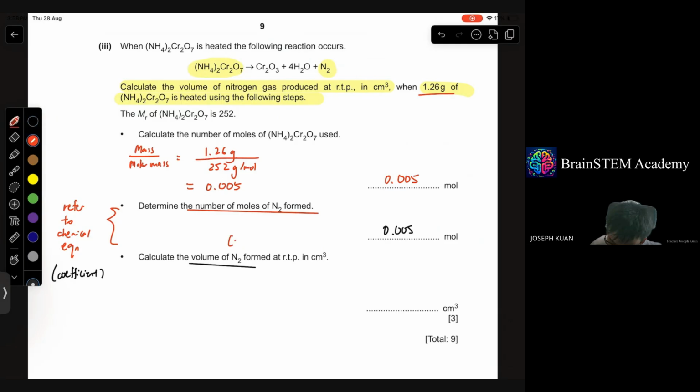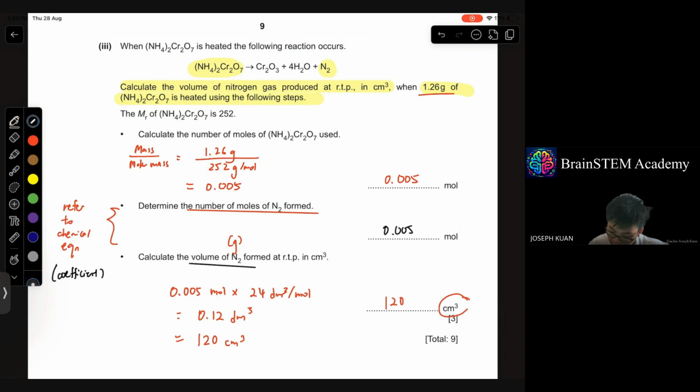Since this is a gas, we just take 0.005 mole multiplied by its molar volume, which is 24 cubic decimeters per mole. That should give you 0.12 cubic decimeter, which equates to 120 cubic centimeters.